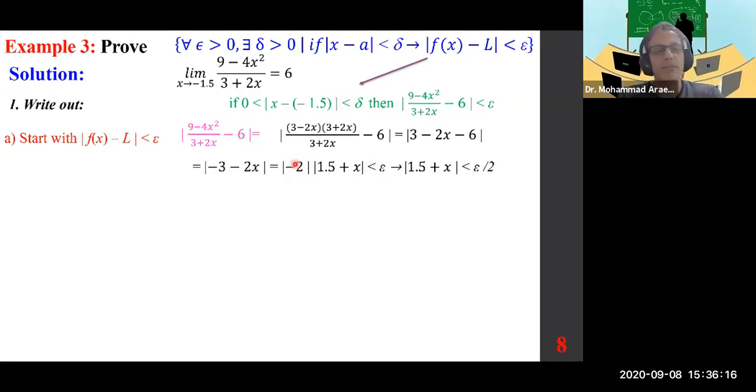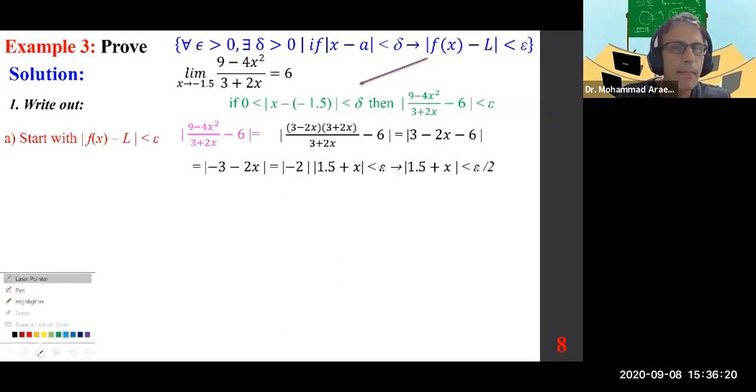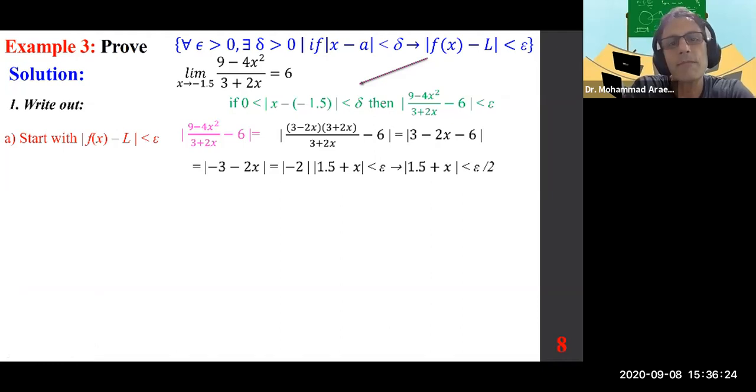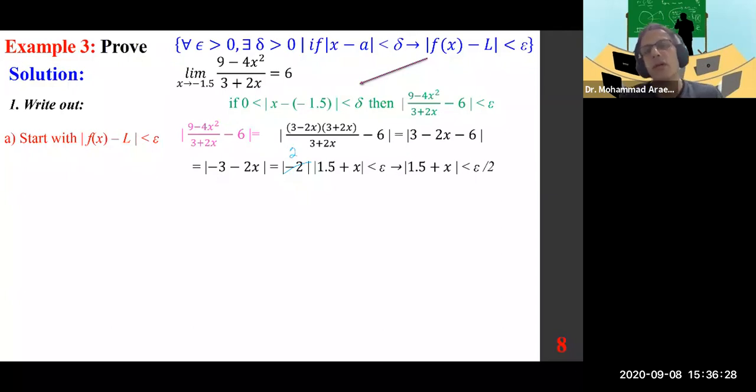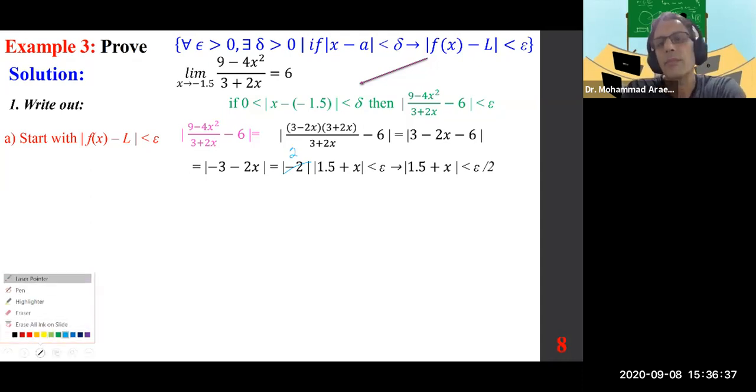Now class, what is the absolute value of negative 2? That's 2. So you divide both sides by 2, and now what did we get? Epsilon over 2.